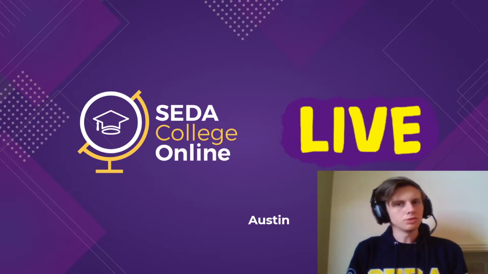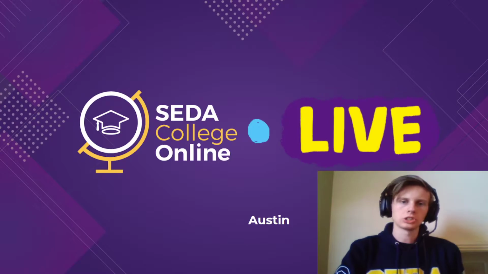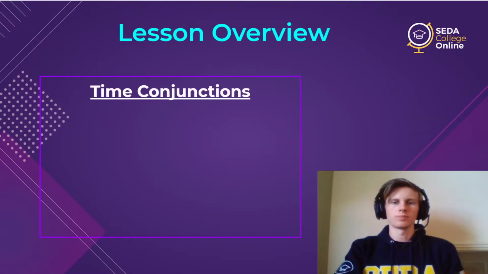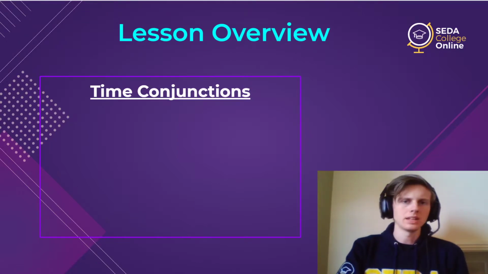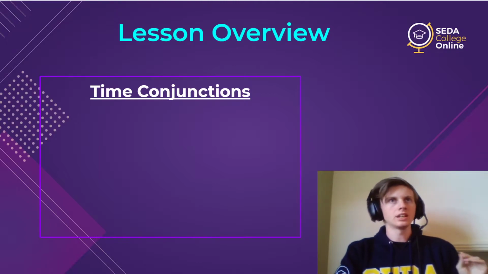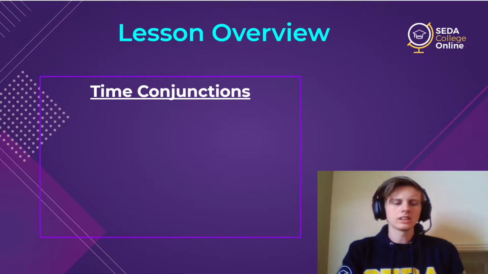Well, now we're going to move to the next category of conjunctions to talk about, and those are time conjunctions. So there are many, many, many time conjunctions. I'm just going to talk about a few of the important ones and a few of the ones that I think are a little more difficult, a little more tricky.